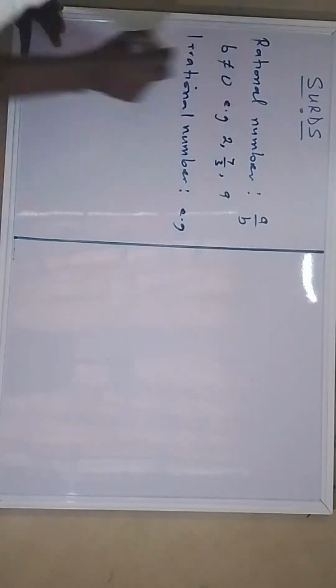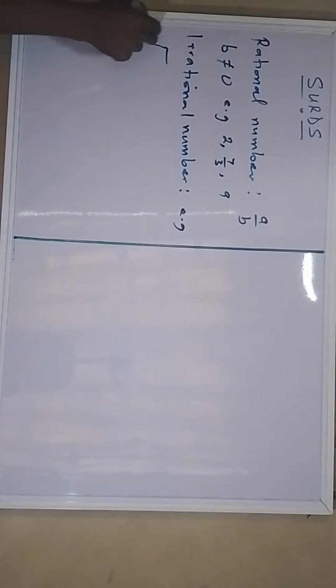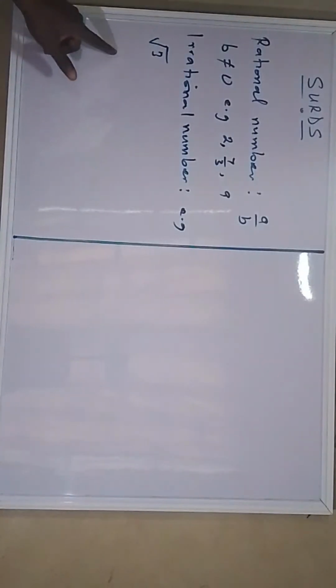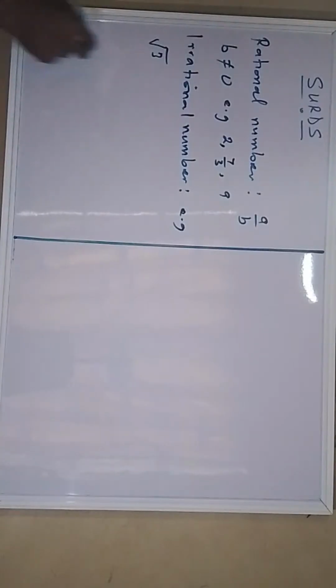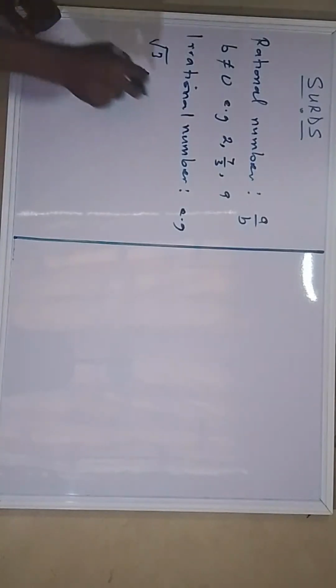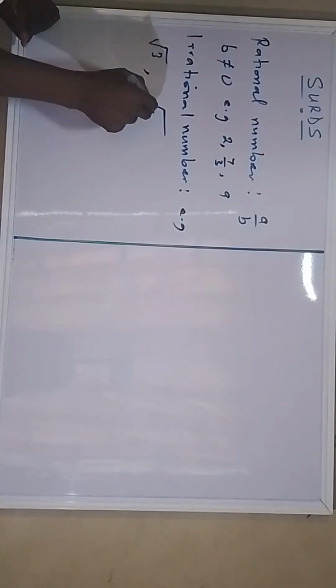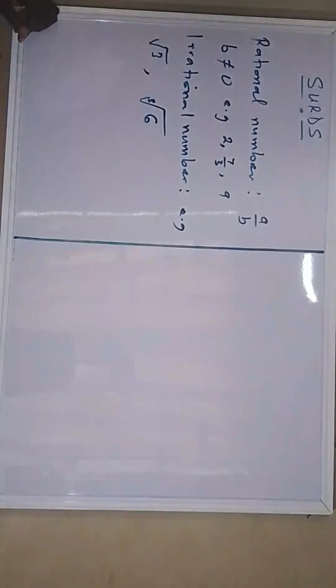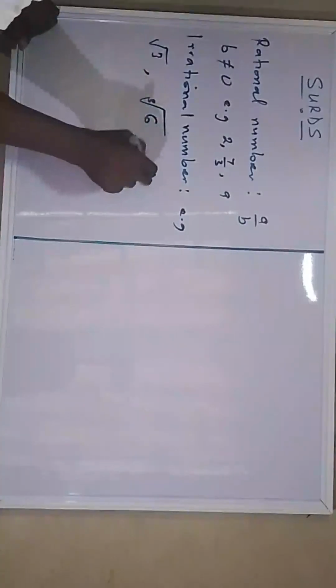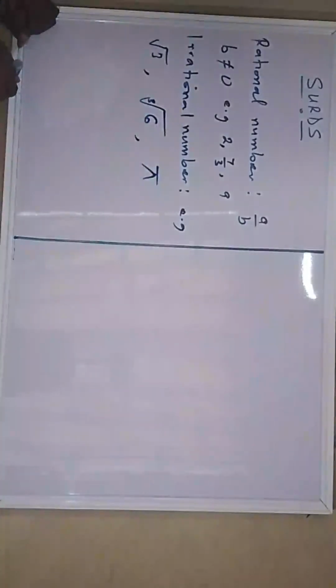For example, we have square root of 3, which you cannot express as a fraction. We also have cube root of 6, and pi. Pi is also an irrational number.